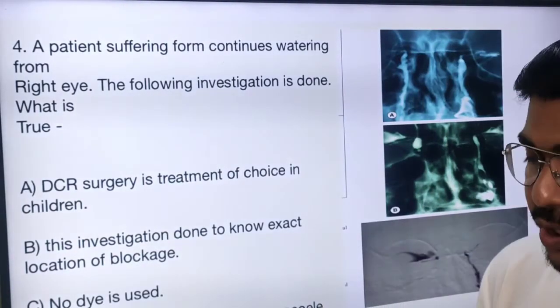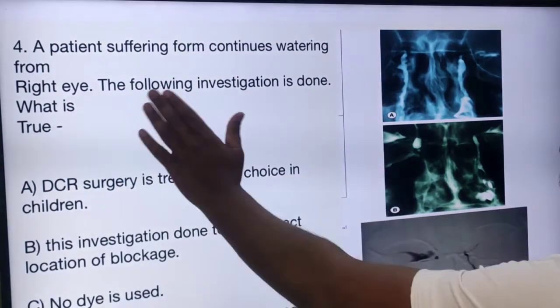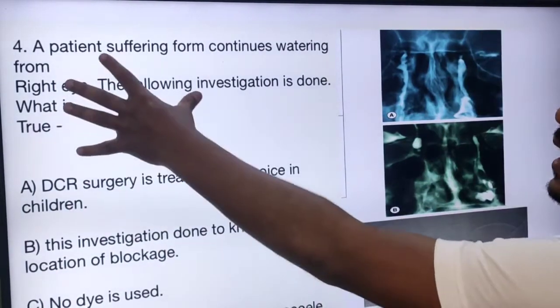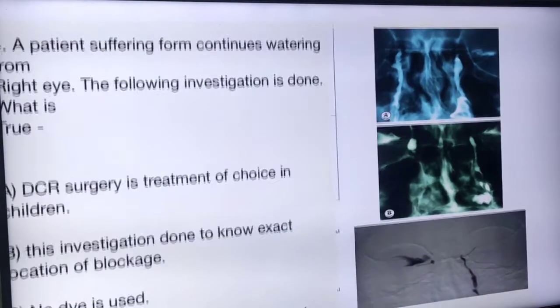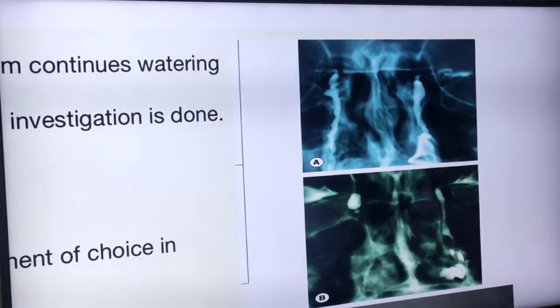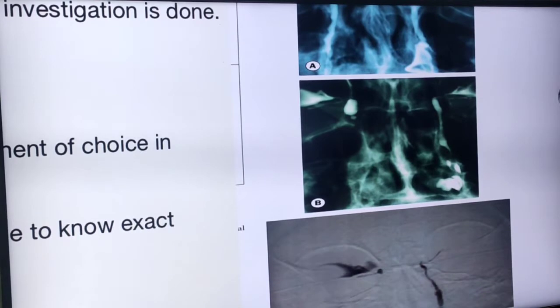Coming to the 4th question. A patient suffering from continuous watering of the right eye, following which an investigation is done. What is true? This is the picture. Let me enlarge the picture for you. This is the first picture, this is the second picture, this is the third picture.